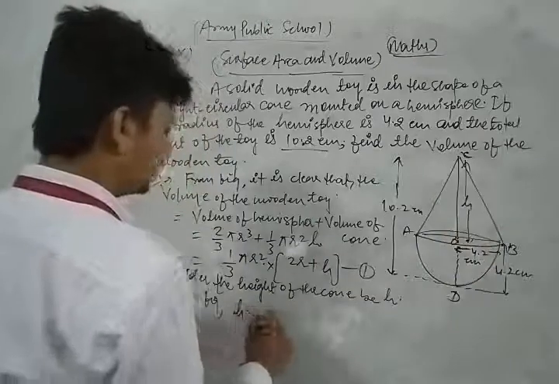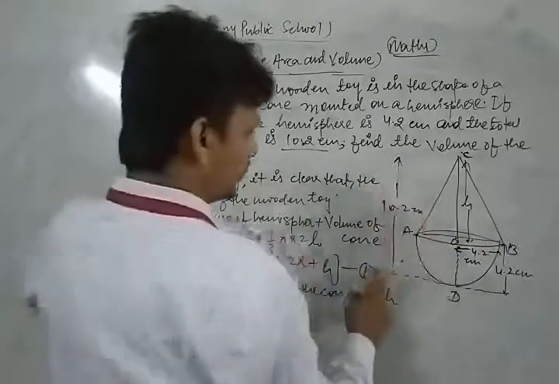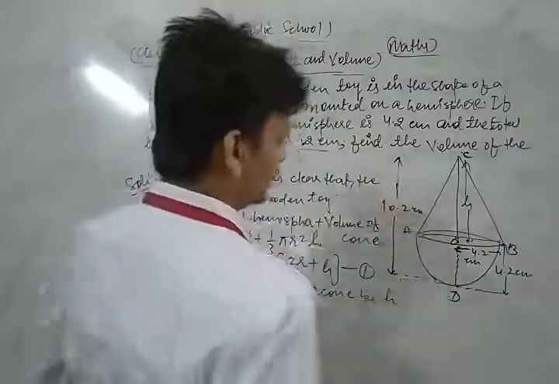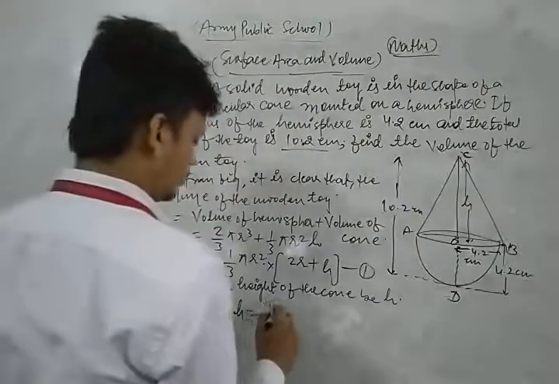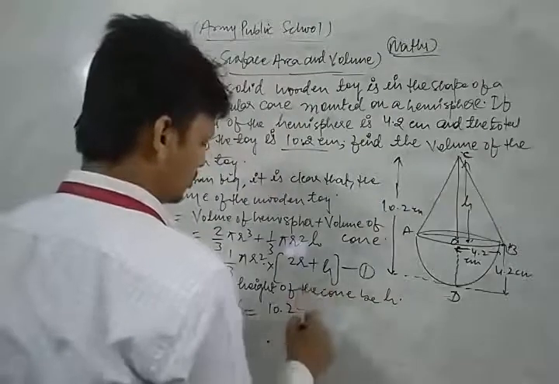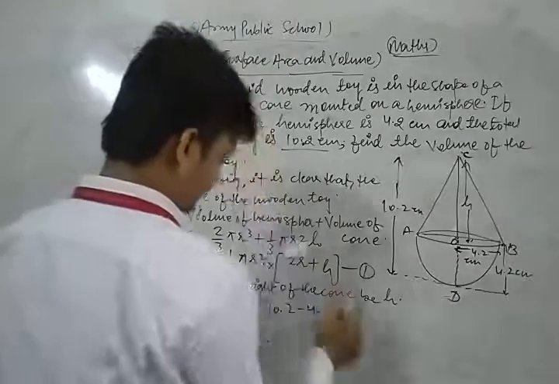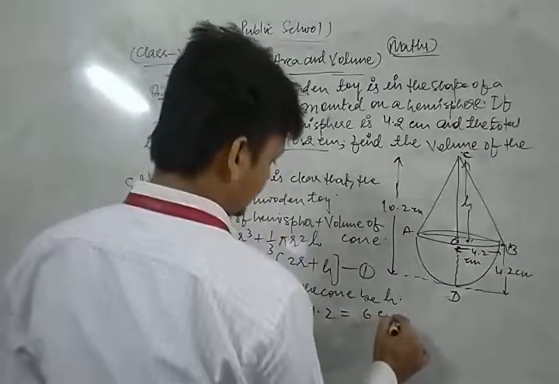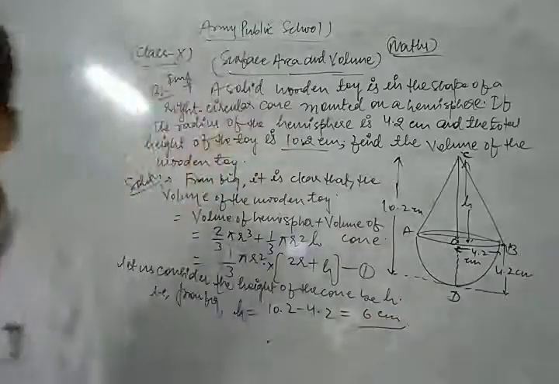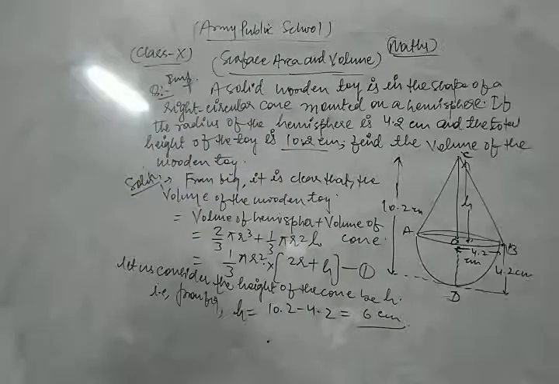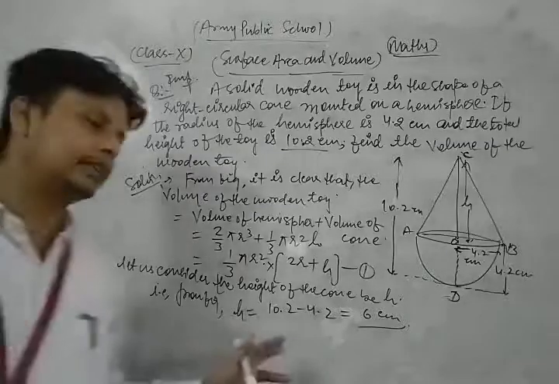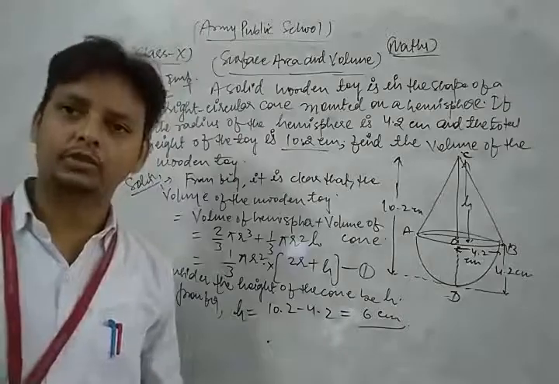From the figure, the height of the cone is total height minus this height, means 10.2 minus 4.2. So we get 6 centimeter. So 6 centimeter, dear students, is the height of the conical part.